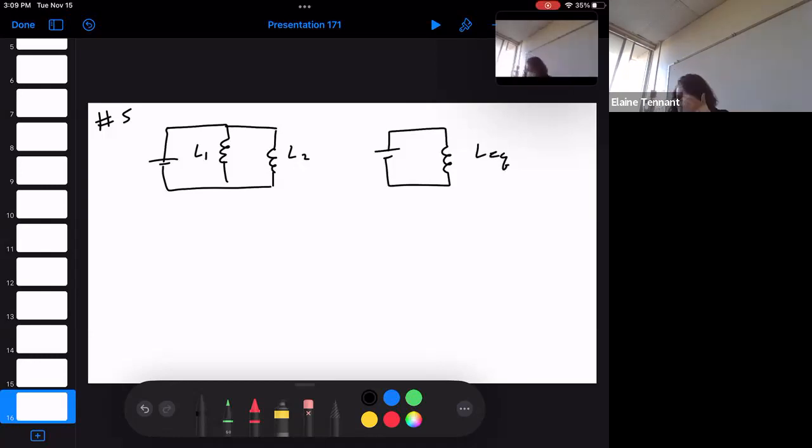Okay, and so we are going to go through the same questions. Do we want to say their voltages are equal, or do we want to add up their voltages?